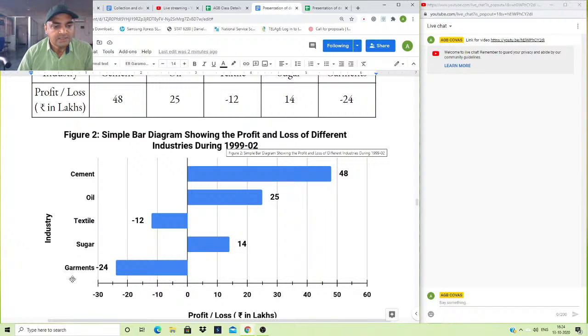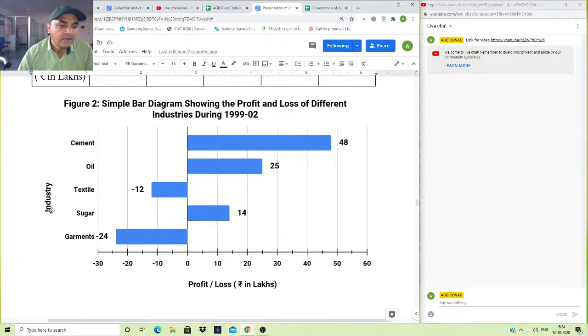So all these industries have been shown here, and at the end every data point has been shown, and there is a title of the vertical axis as well as the title of the horizontal axis. Okay, so this is how a horizontal bar diagram can be constructed and shown.